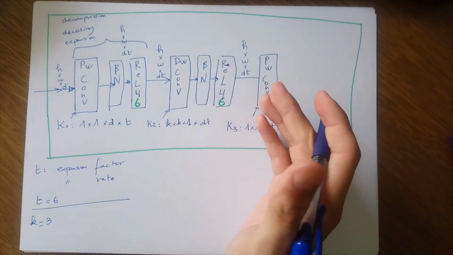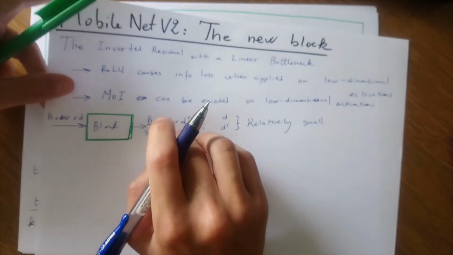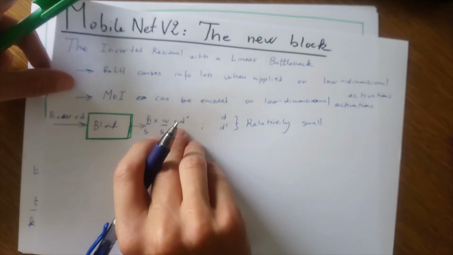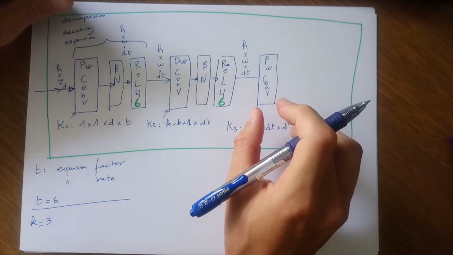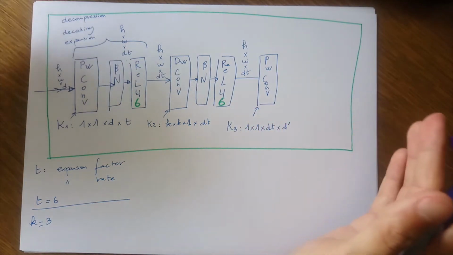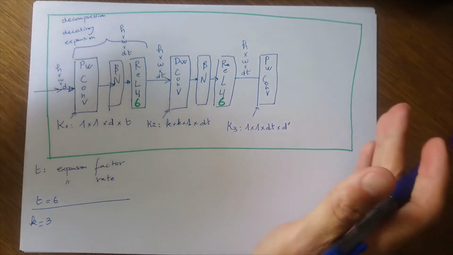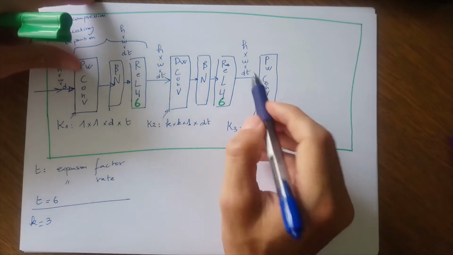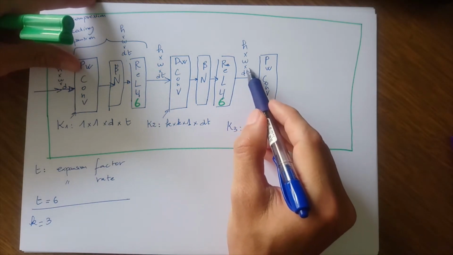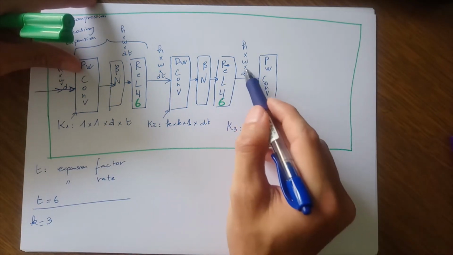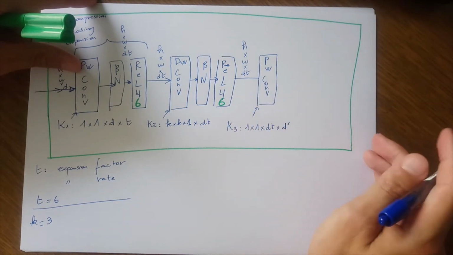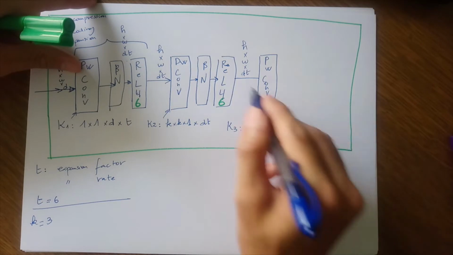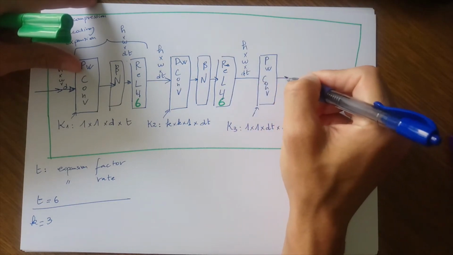Now, since the number of channels in the output we want should be small, what this pointwise convolution does is basically a compression. It compresses the activation. The activation has a lot of channels, d t channels, and this number of channels should be compressed, should become small, right? After the pointwise convolution, we apply batch normalization.